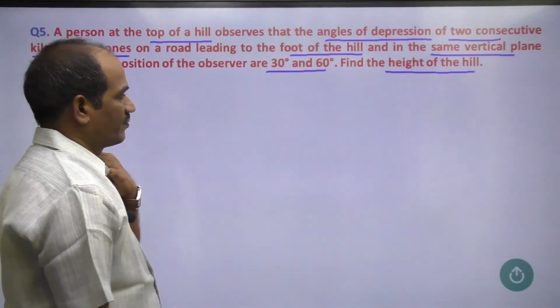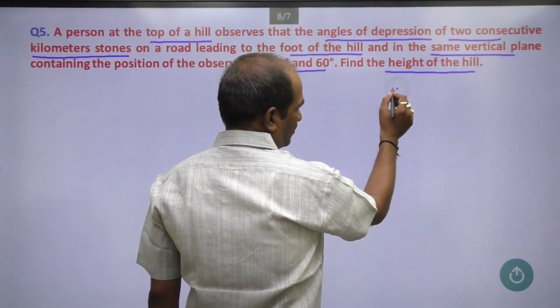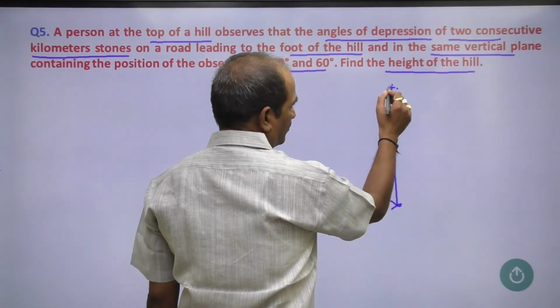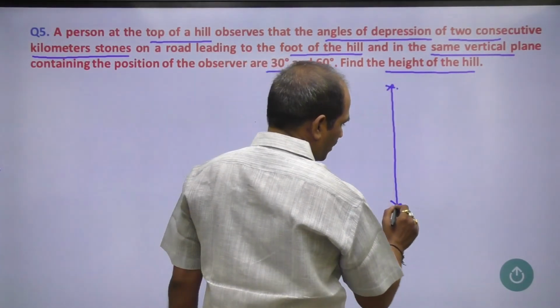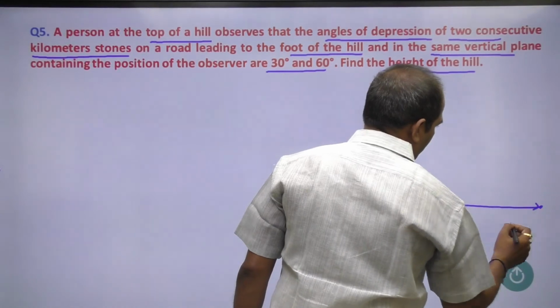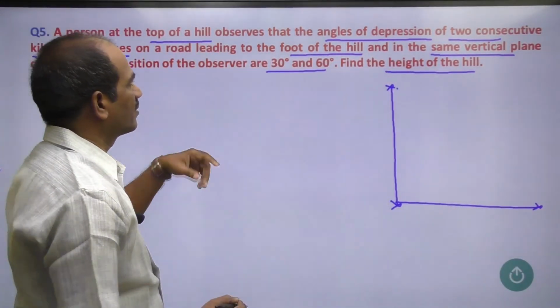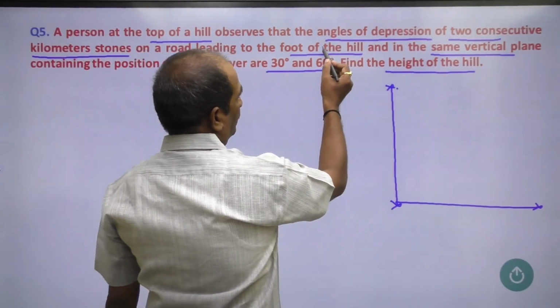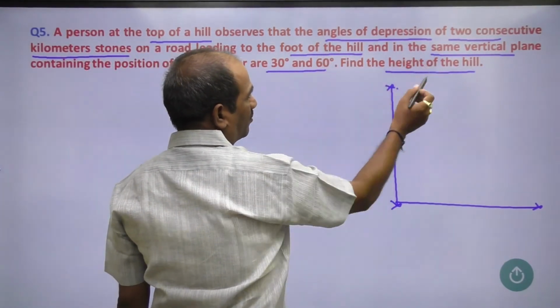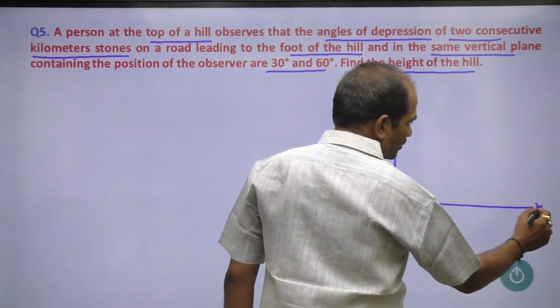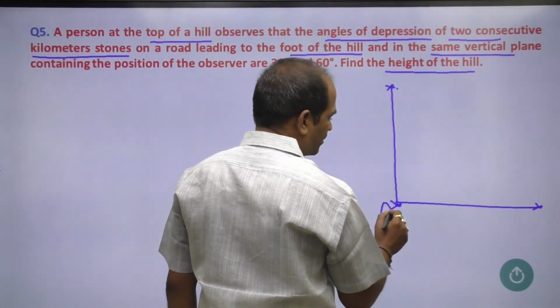Alright, see here. So this is the hill, and this is the ground. A person at the top of a hill observes the angles of depression of two consecutive kilometer stones. AB is the height of the hill.